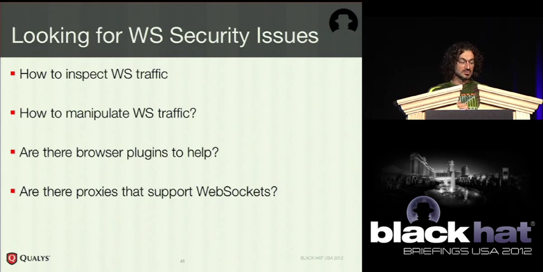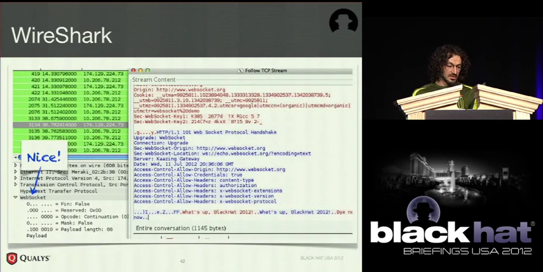So far, for inspection, we have Wireshark, which nicely decodes the WebSocket traffic, unmasks, and can show the history. But of course, it's read-only, so we can't do anything with the traffic.